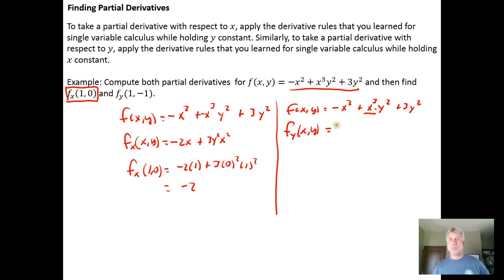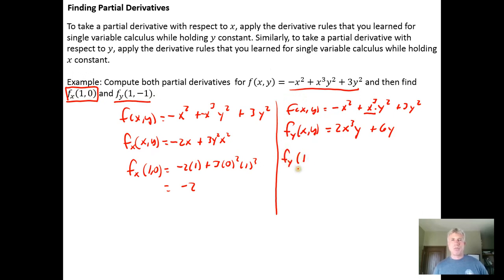The exponent will come down like it always does. So we'll get 2x cubed, 2 times the coefficient on the y squared term, reduce the exponent by 1, plus the derivative of 3y squared with respect to y, which is just going to be 6y. And then if we want the derivative at a specific point on the surface, we can plug in our x and y values.